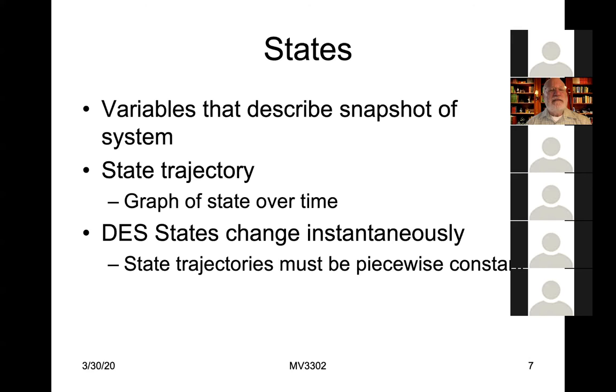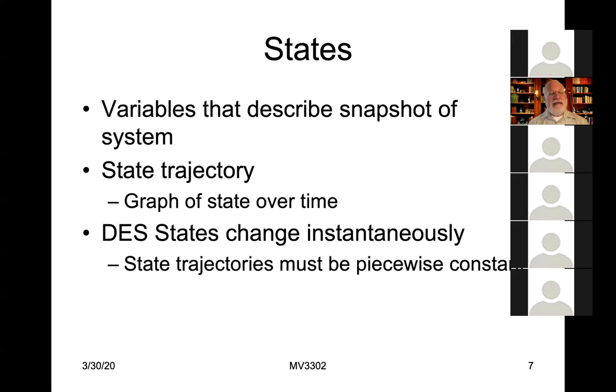I use the term state trajectory. Now, what is that? A state trajectory can be thought of as a graph of the state over simulated time. As the simulation unfolds, if you were to look at the value of each state variable, that would form a graph, and that graph is what we call the state trajectory.